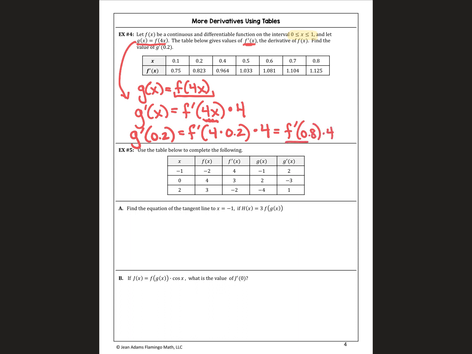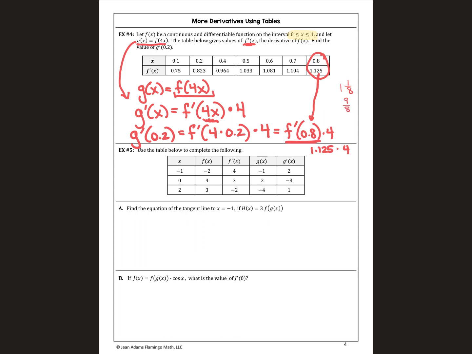So the derivative f prime evaluated at 0.8 is going to be 1.125. So I actually end up with 1.125 times 4. Right? 1.125 is 1 1/8.